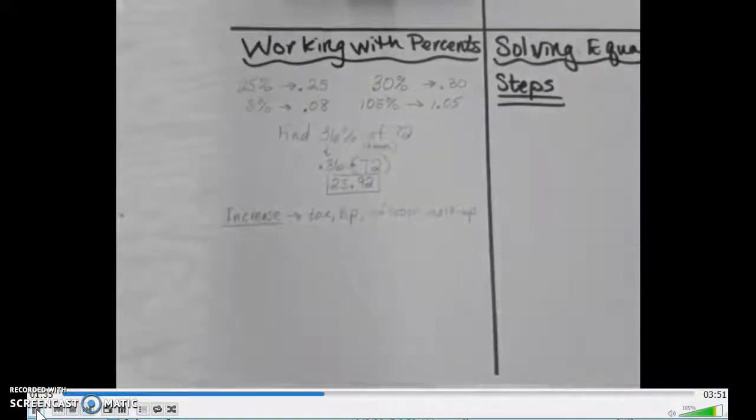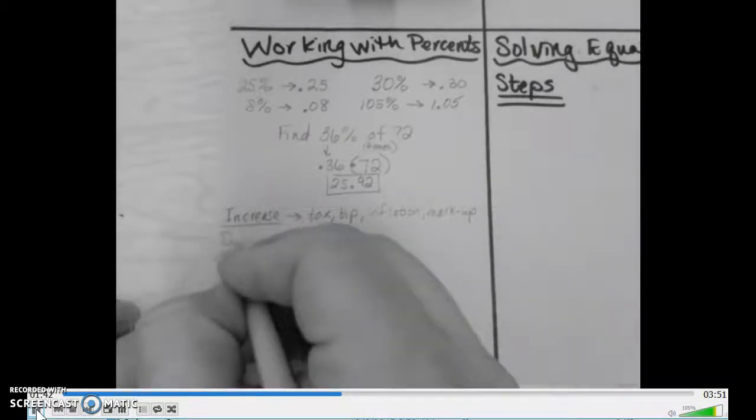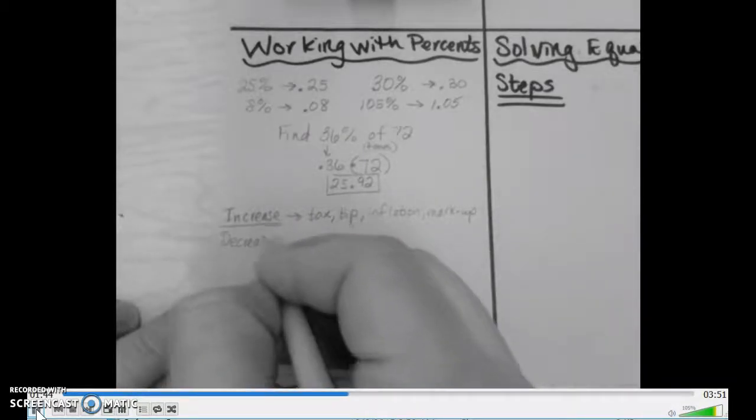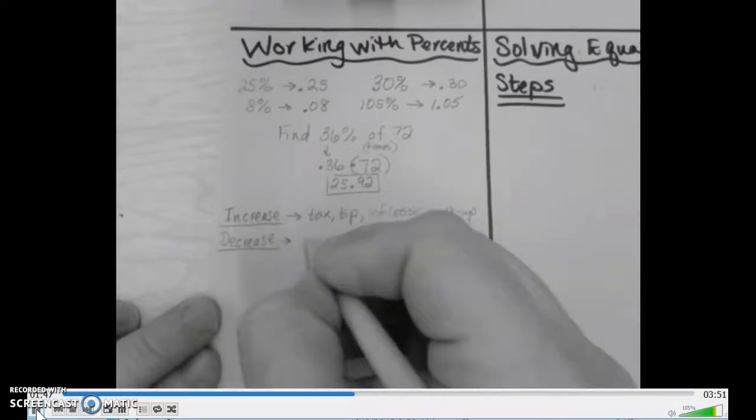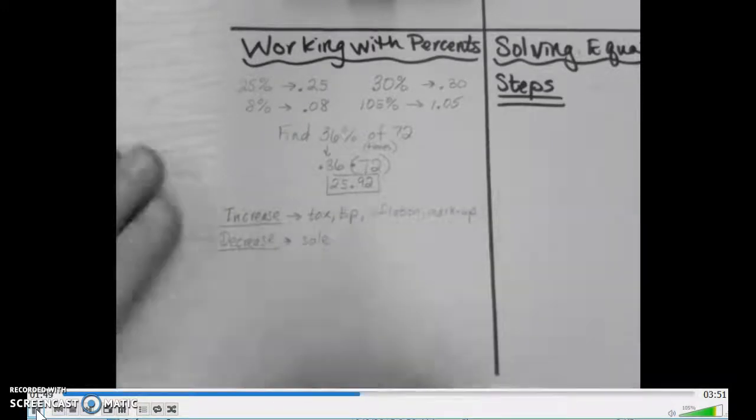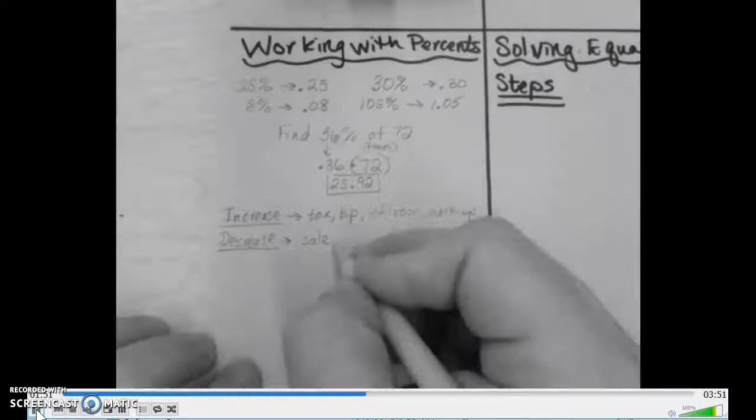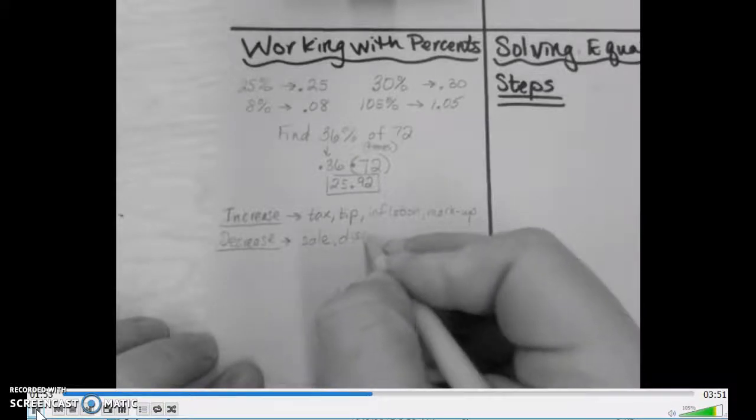In addition to increases, we also have decreases. And the way that prices go down for decreases, the first one is sales, and then also discounts. But those are kind of the same thing.